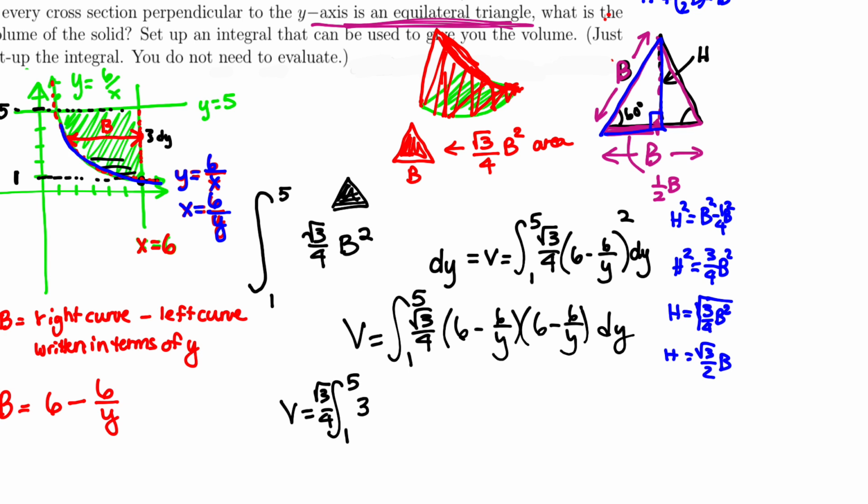If I foil it out, I get 36 minus 36 over y minus 36 over y plus 36 over y squared, right? If I multiply this out, I get this.